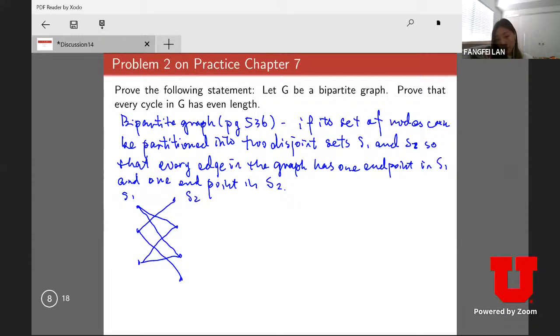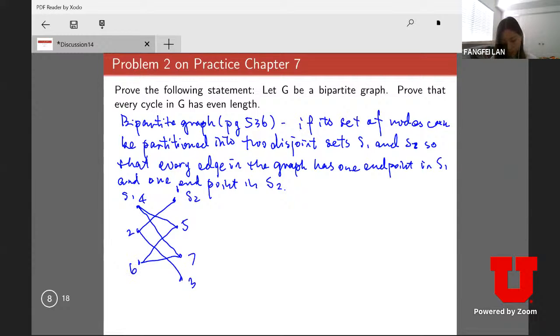This is not a connected graph right here. I don't know if you can tell, but you can see that this walk, let's say 1, 2, 3, is not connected to the rest of the graph. And then 4, 5, 6, 7.